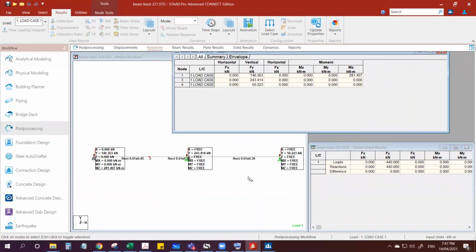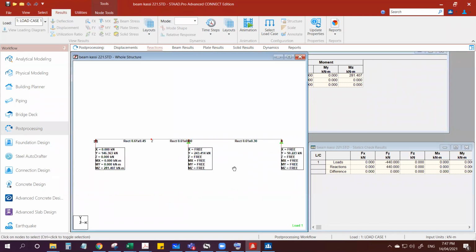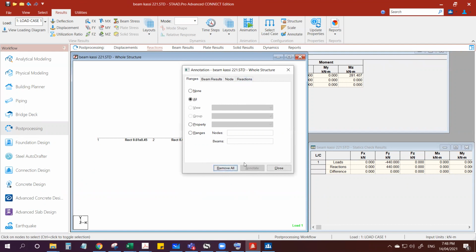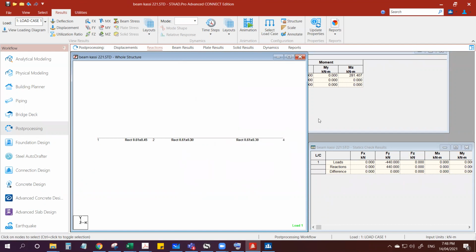How do we reconcile that? Click on annotate, remove all, to remove all the reactions. Then Shift S to display all the node numbers.